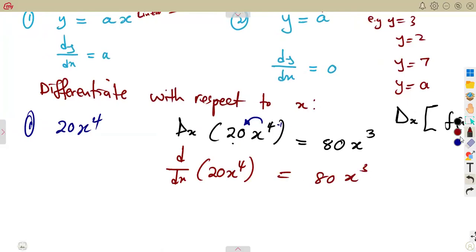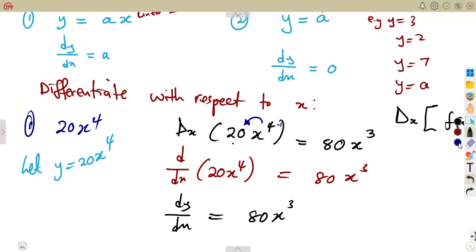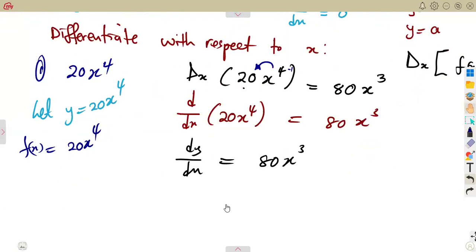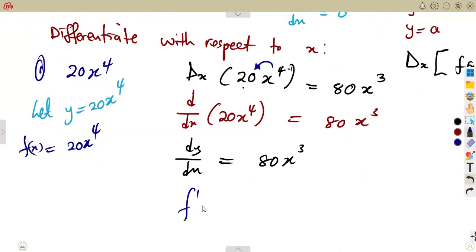It's a format. Or we can let this be equal to y. Let y be equal to 20x to the exponent of 4. So meaning to say we can determine dy dx. Still the same way. We can write this as f of x is equal to 20x to the exponent of 4. So our answer is going to be the first derivative if you write this format, 80x to the exponent of 3.